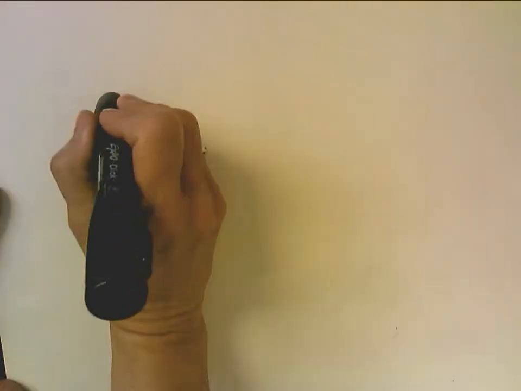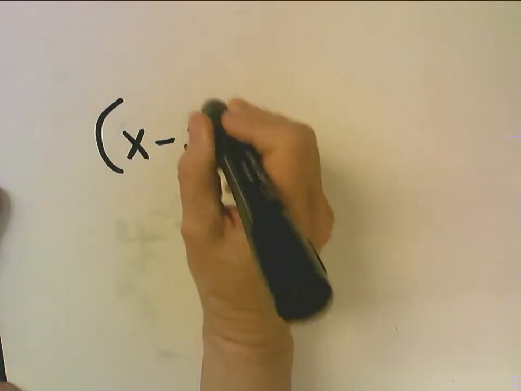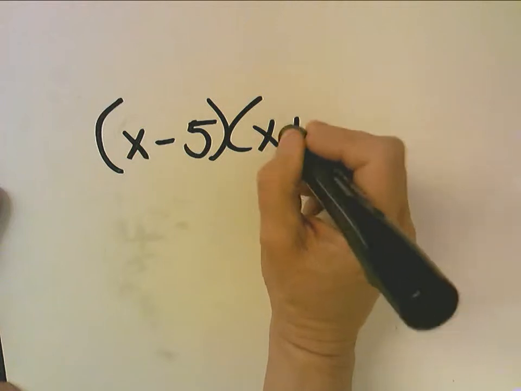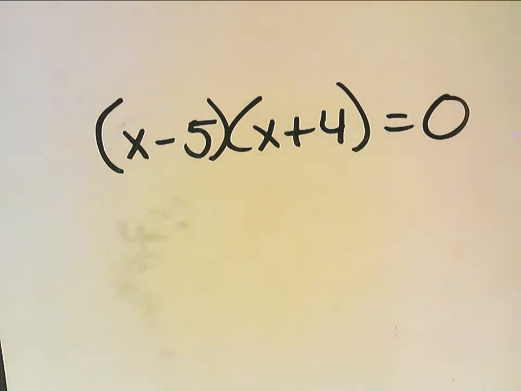Now, if we look at example 1, x minus 5 times x plus 4 equals 0. We can apply the zero product property rule and solve this.